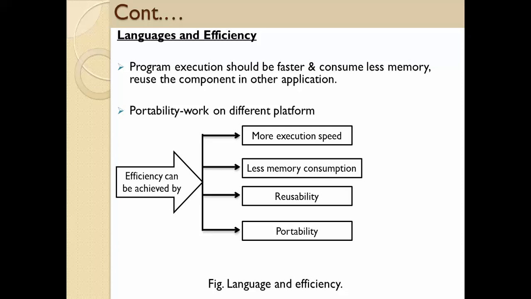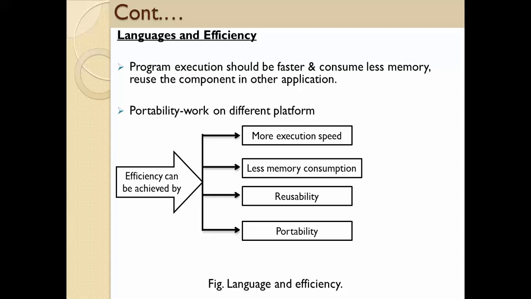Then we can say that it is efficient software or an efficient programming language. There are three factors: first, program execution should be faster; second, it consumes less memory; and reuse of components.